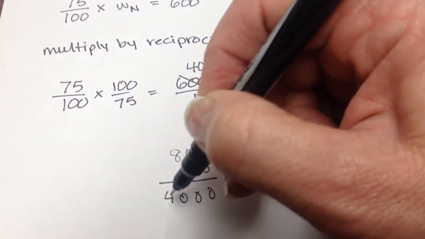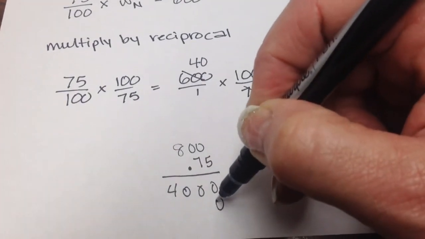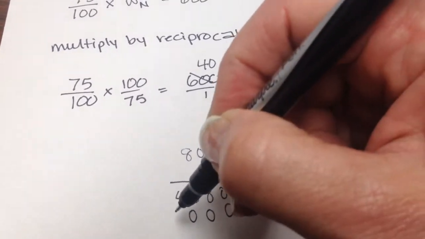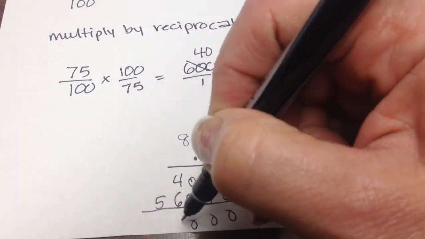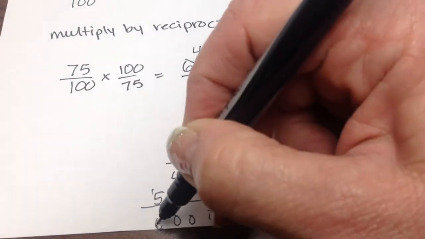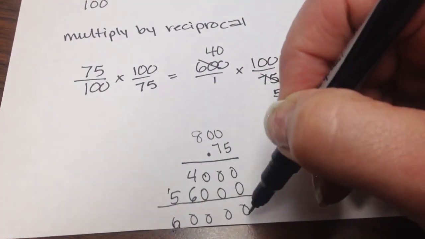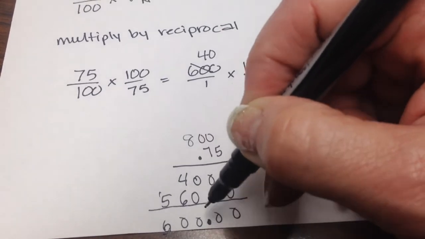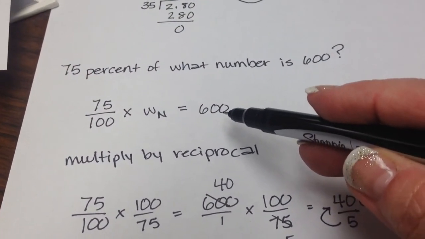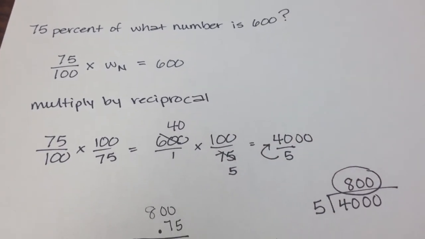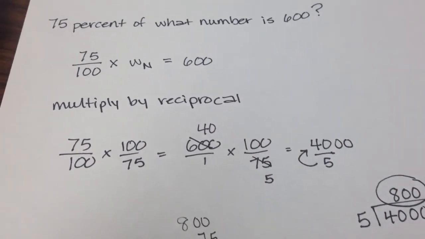That's 40, right? And then we do this. That's 56. 10, 60. Oh, I'm running out of paper. How many decimal places did I have? 2. So 600. Ta-da! So 800 is correct because I just double-checked my work.